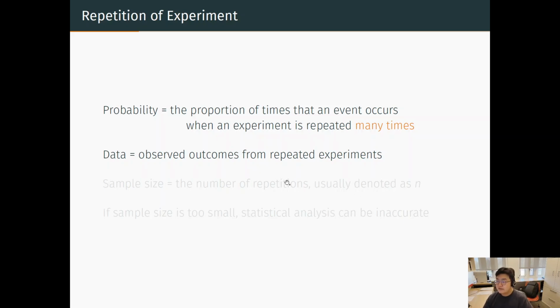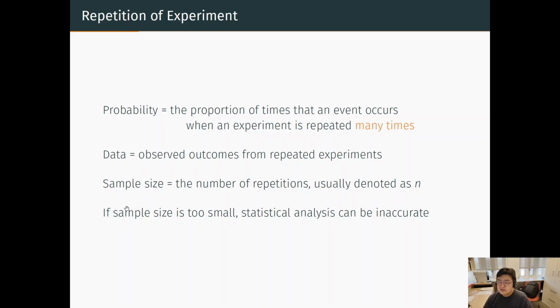Another famous term is sample size. Sample size is the number of repetitions, how many times you repeat an experiment. And usually, in almost any statistics, we denote this as n. Uppercase or lowercase may differ, but usually n stands for the sample size.